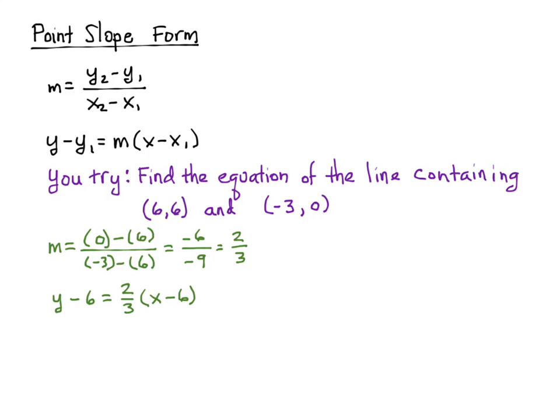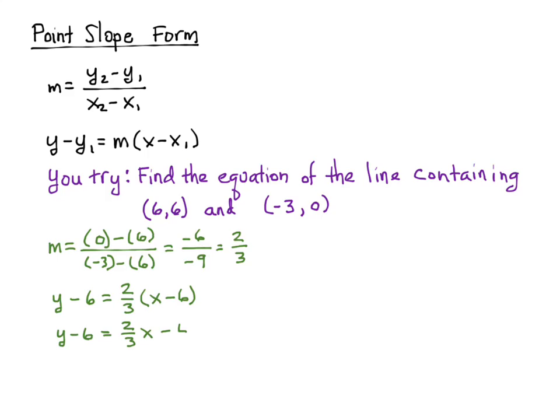So then I'm going to choose that (6, 6) as my point that I'm going to put in this equation. Okay, so this is my y value 6, and this is my x value 6. And so I stick it in, this format up here. And then from there, I'm going to simplify it.